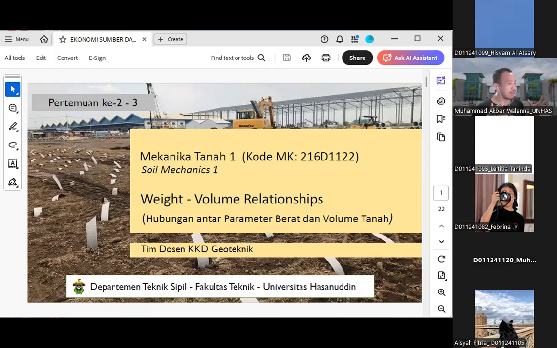So the concepts and the numbers are going to determine what kind of design we are going to propose for whatever context. Okay. So for this week, we will study how parameters such as specific gravity, unit weight, water content, void ratio, and degree of saturation are related to each other. I'm also going to introduce the concept of relative density, which is particularly important for sandy soils.